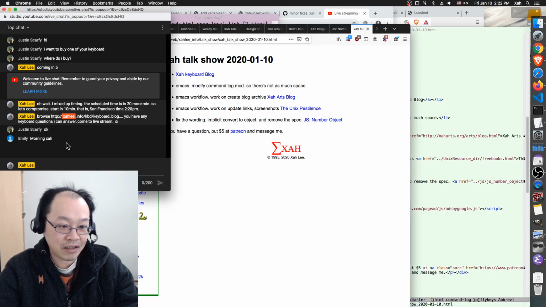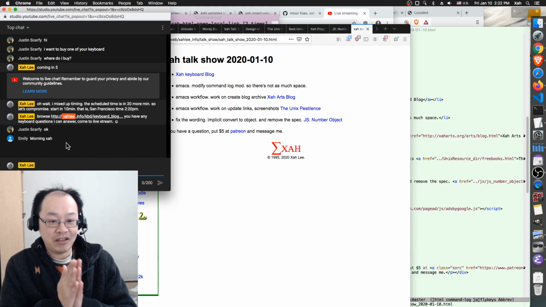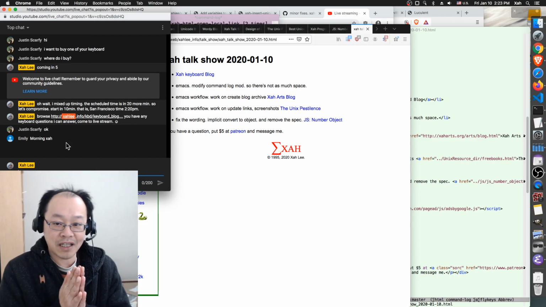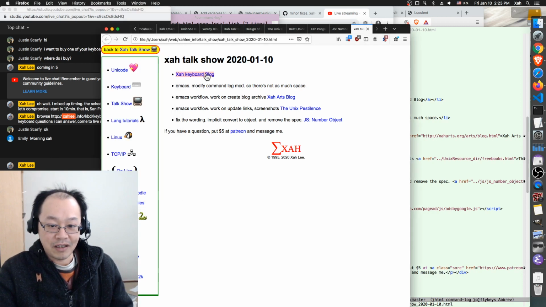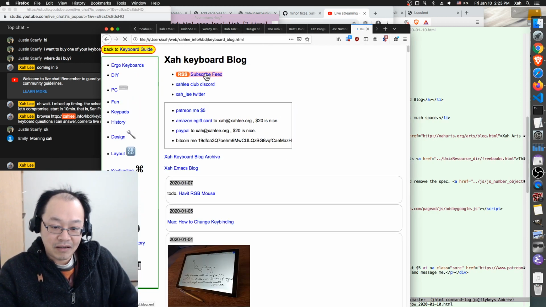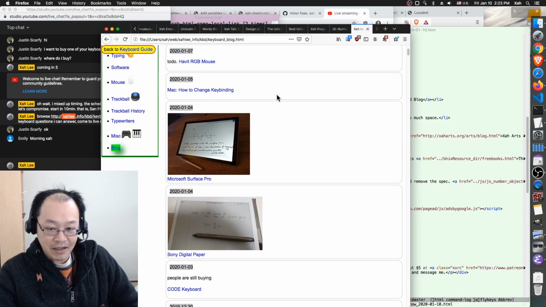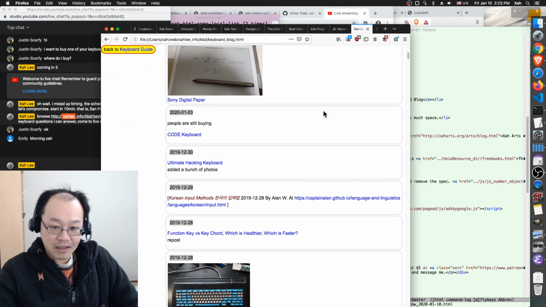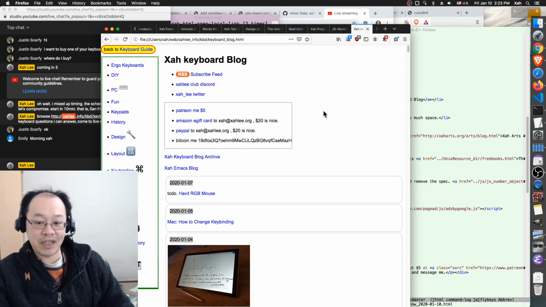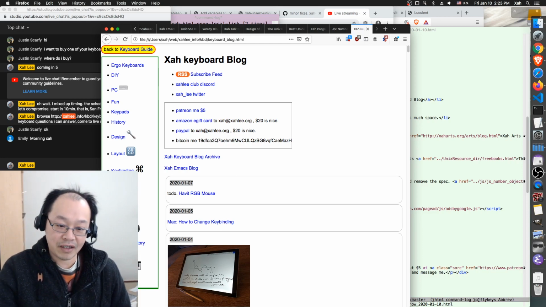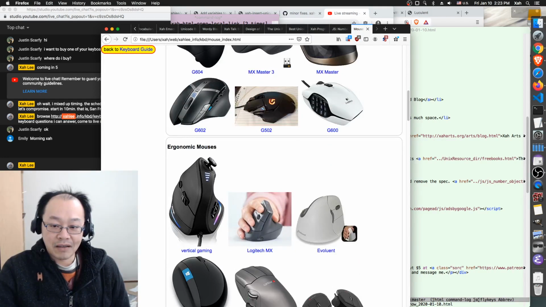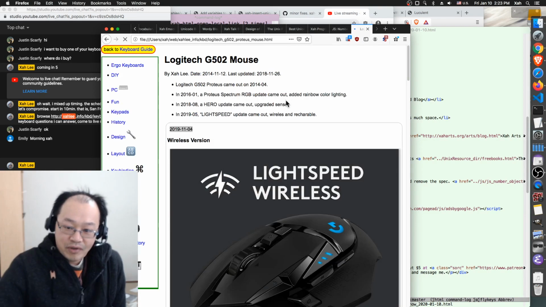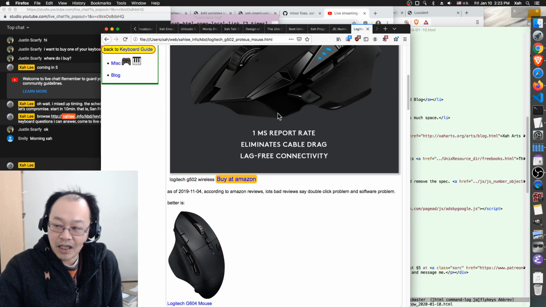So Justin Scoffey, mathematician in Canada, if you want to buy a keyboard, you can go to my keyboard blog and read my blogs. There are hundreds of keyboards and mice and different typing stuff you can buy. For example, if you want to buy this mouse, you just click on my Amazon link.